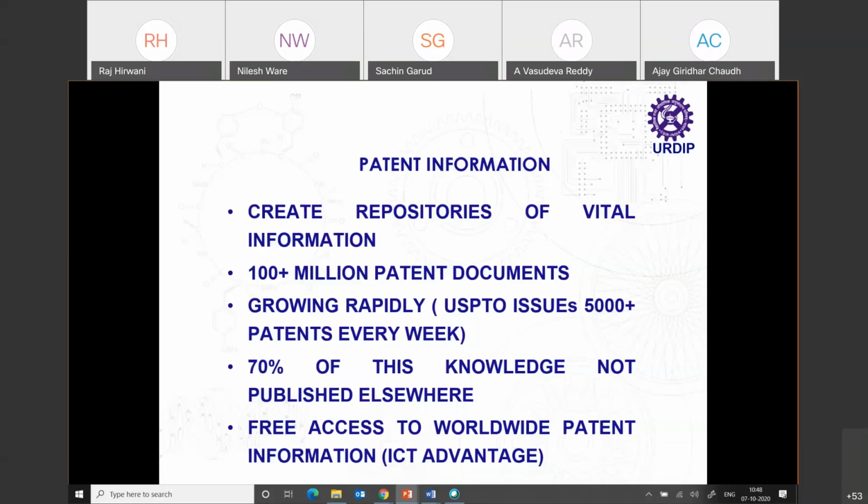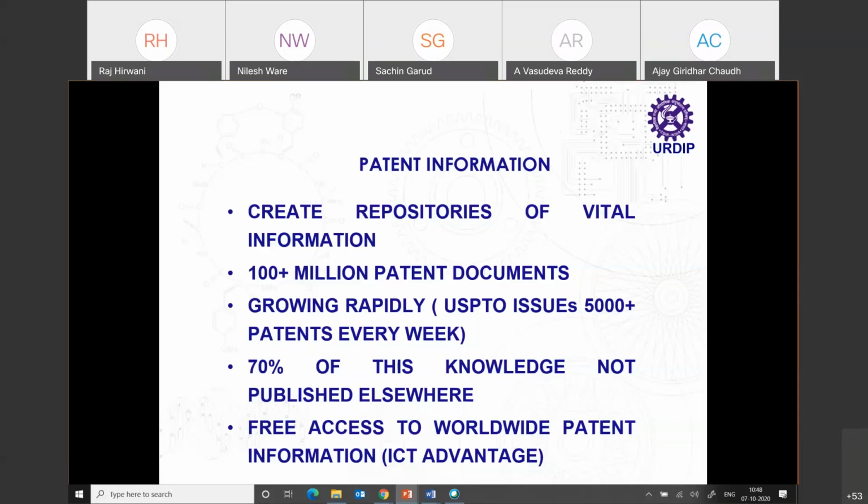Another beauty is that for the last 25 years, thanks to advancement in information and communication technology, worldwide patent information has become available. All these scientific journals, which our institutions subscribe to, cost every institution crores of rupees.